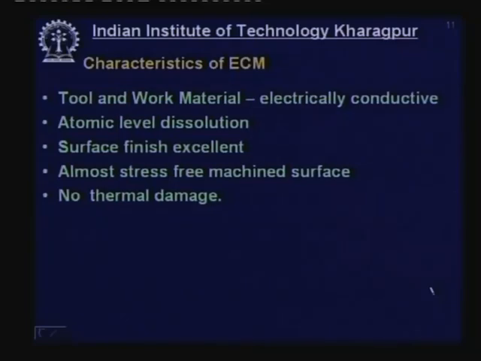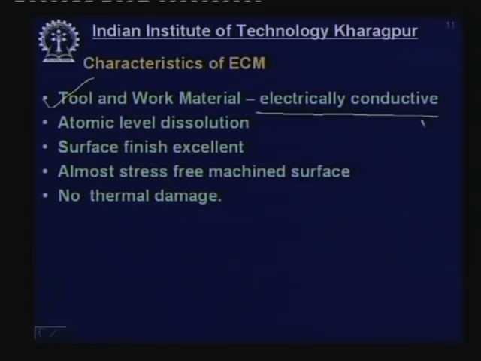Now, let us come to the characteristics of electrochemical machining. In characteristics of electrochemical machining, we will be talking about what are the typical properties required of tool material and work material. Tool and work material, both of them are to be electrically conductive. So, it is very similar to your electro discharge machining. Just as in electro discharge machining, your tool and work materials are to be electrically conductive.